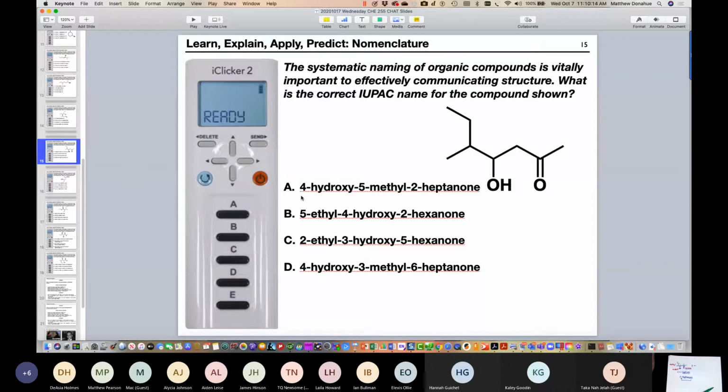Again, when you look at the stuff that's bonded to the longest carbon chain, which I'm highlighting with my mouse, you have that carbonyl, the hydroxyl, and the methyl. You alter the chain name according to what functional group takes priority. And the way you figure that out is typically the highest oxidation state.